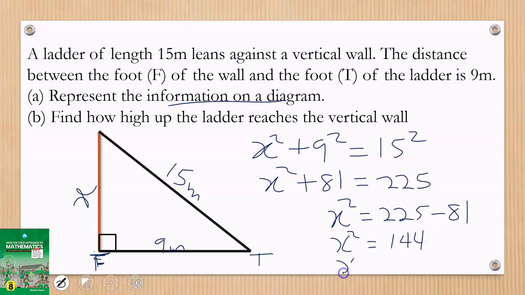When you take the square root of both sides, you have square root of 144, and root 144 is 12. So I can write my answer: X is equal to 12 meters. That means the ladder reaches the wall at the height of 12 meters. And that answers the question.